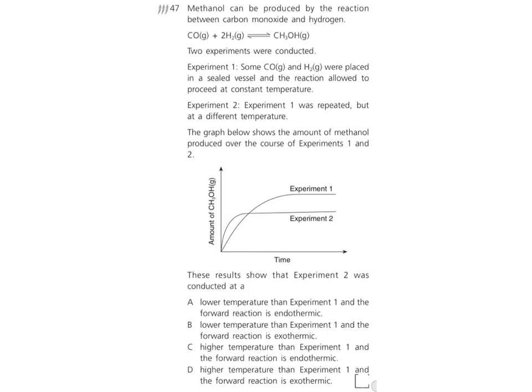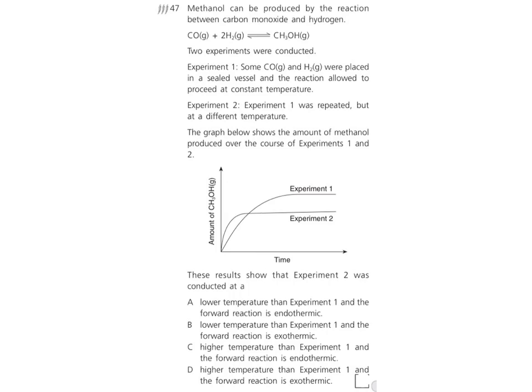And we have 2 graphs below that show us the amount of methanol produced over time for experiment 1 and 2. The results show that experiment 2 was conducted at, and somehow we have to decide which experiment was the low temperature, which was the high temperature, and also whether the forward reaction above is endothermic or exothermic.